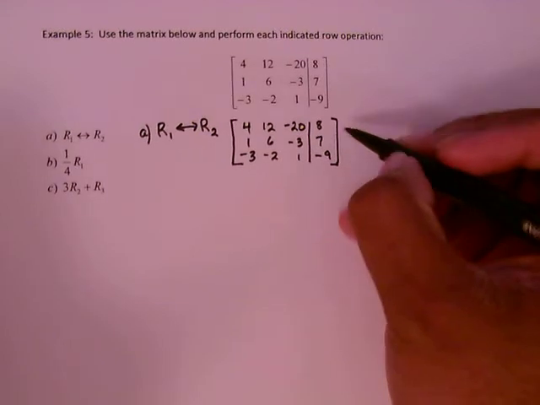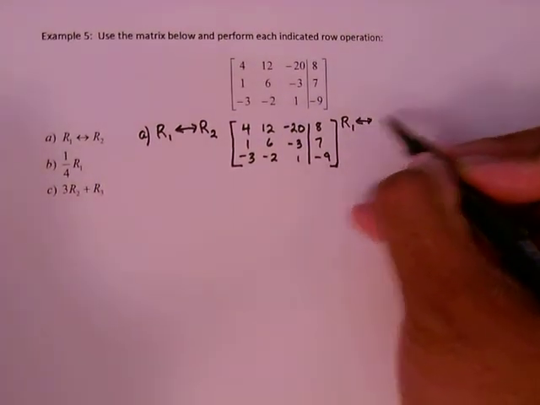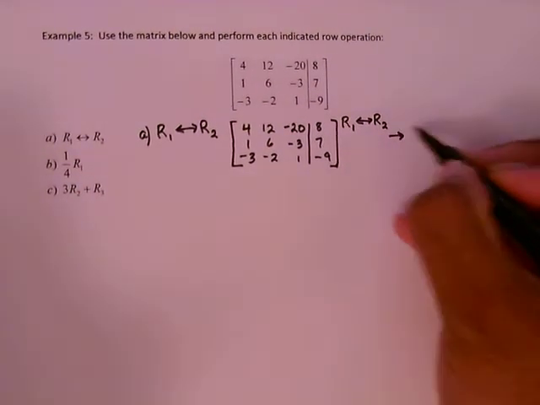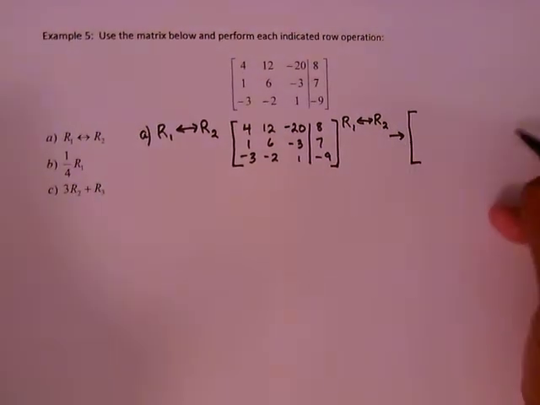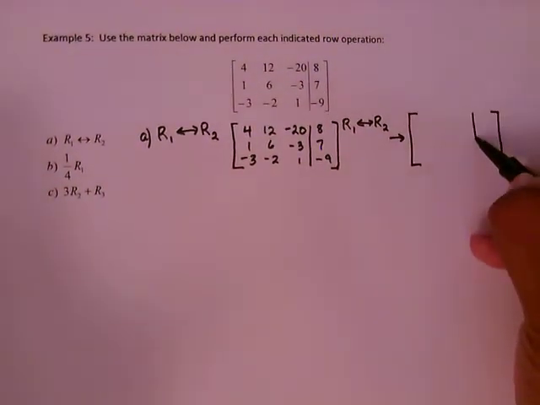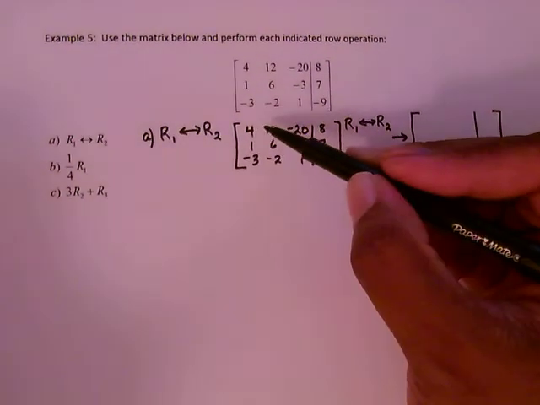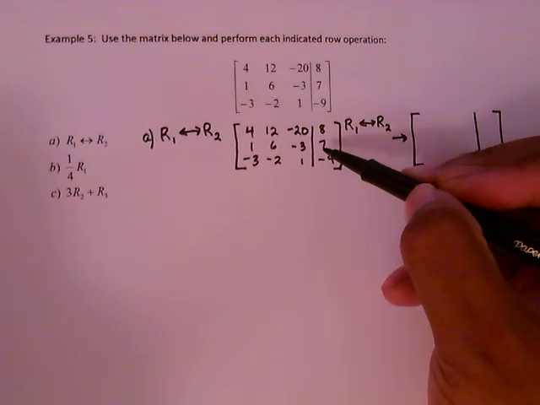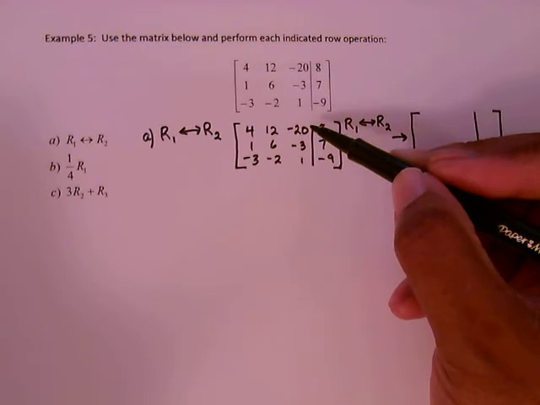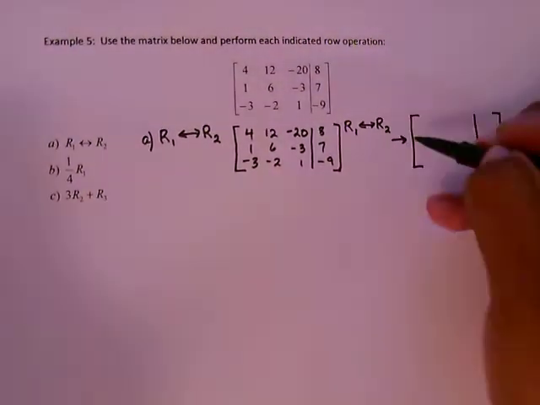Now, what we want to do here is interchange row 1 and row 2. What that means is the elements in row 1 will go to row 2, and what's in row 2 will go to row 1. So row 2 will become the new row 1.